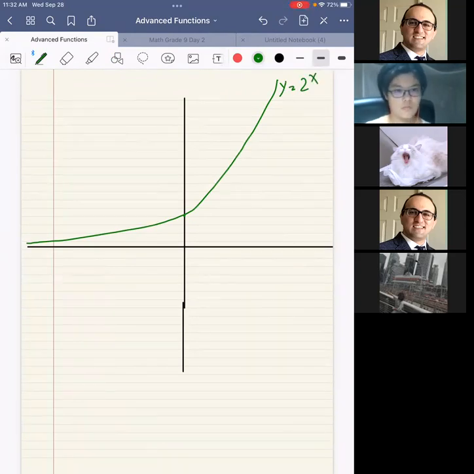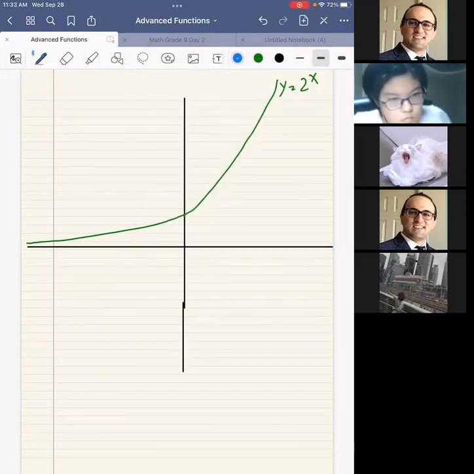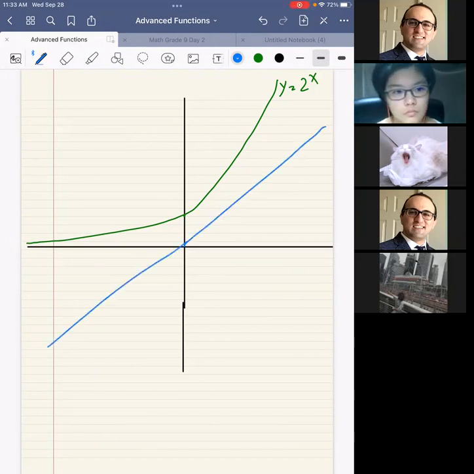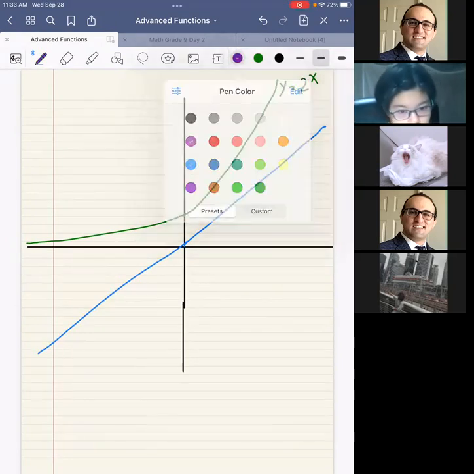Now the graph of log with base 2: whenever you want to draw the graph of an inverse of some function, you basically have to flip it around the line y equal to x. So this is the line y equal to x. If you flip this graph around this line, you get the graph of log.